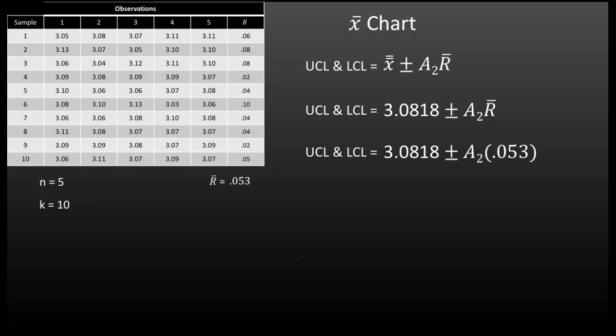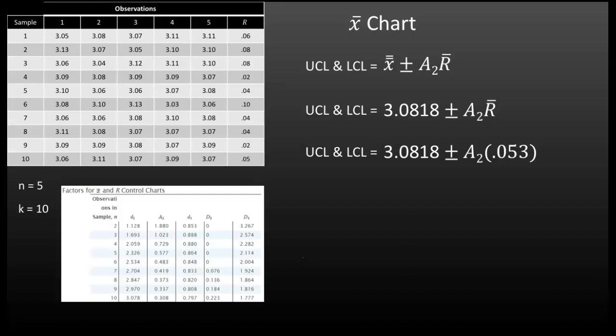So now we can plug that into our formula. So we're getting closer and closer to having all of our numbers here. So the last piece is this A2. Well, for A2, we're going to need to look up in our chart. So we have this chart for factors for X bar and R charts.